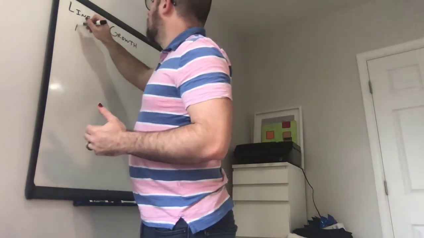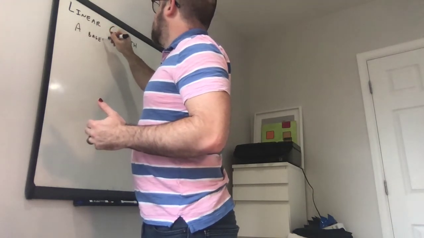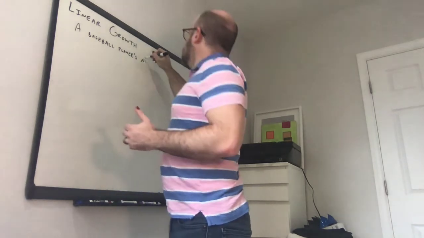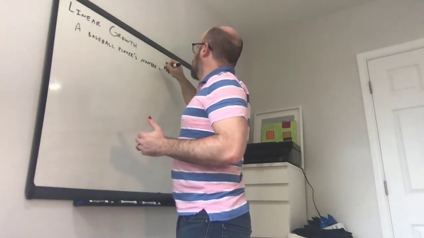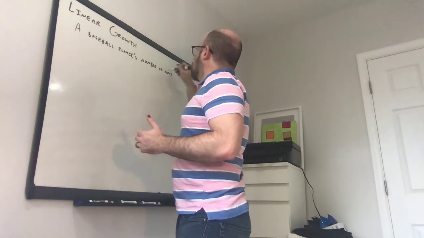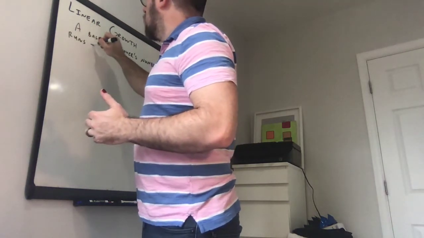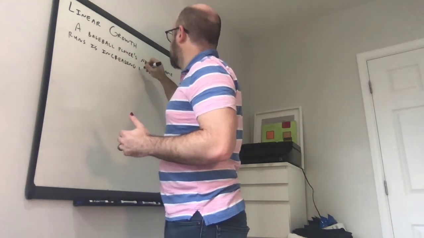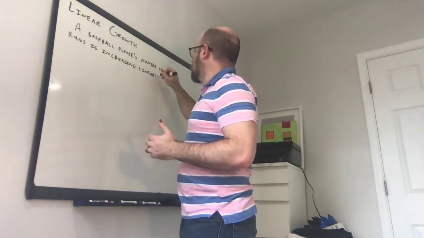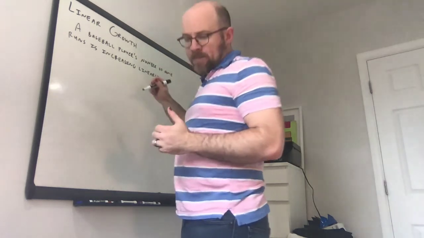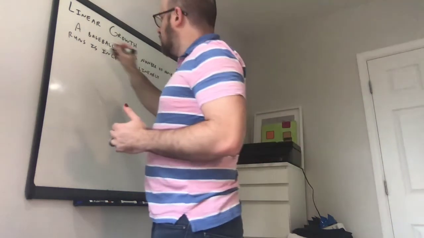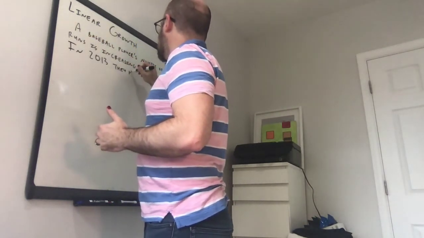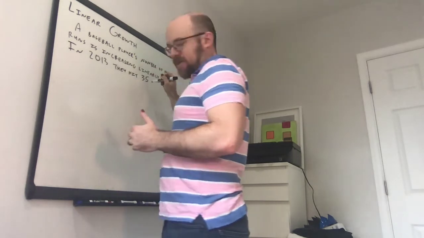So this is a baseball player's number of home runs is increasing linearly. Let's see, in 2013, they hit 35.